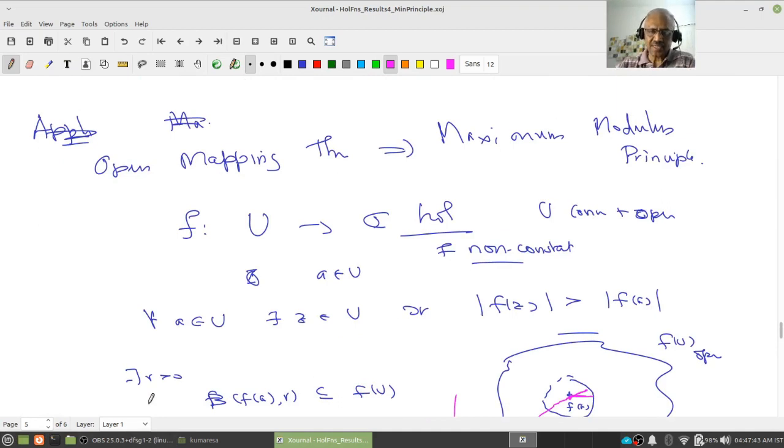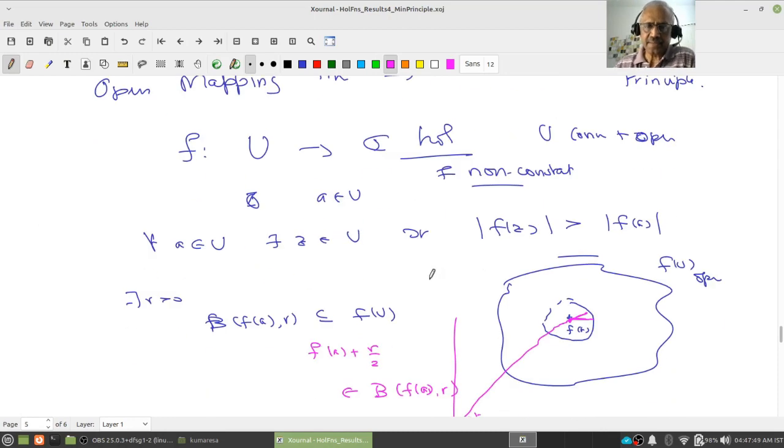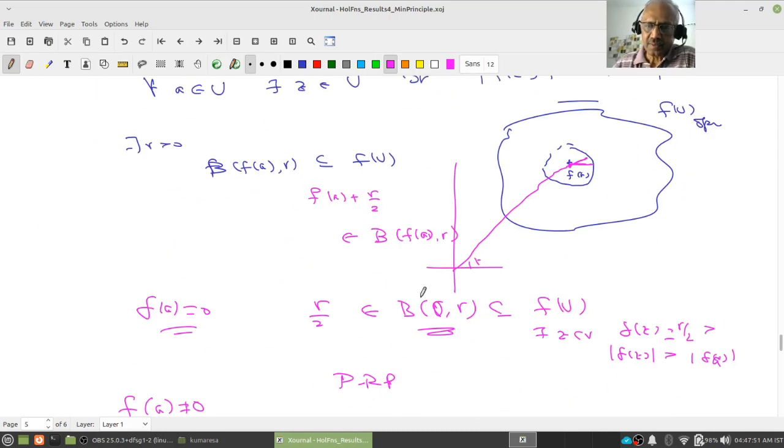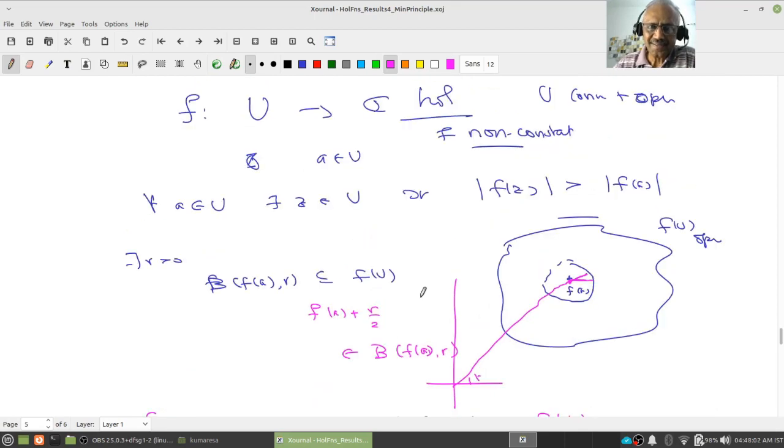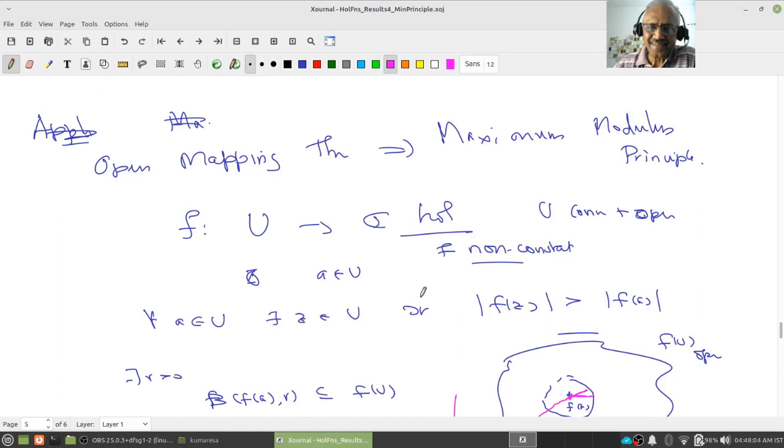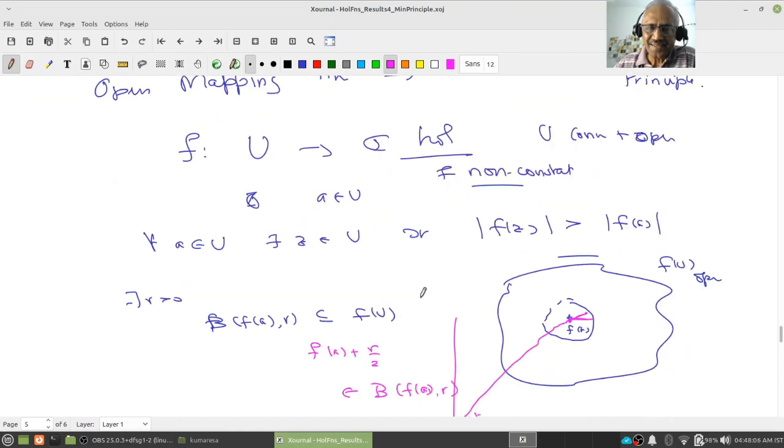If f is non-constant, I can find this. Let me ask you a question: where did I use the fact that f is non-constant? Yes, because I wanted to use the open mapping theorem.